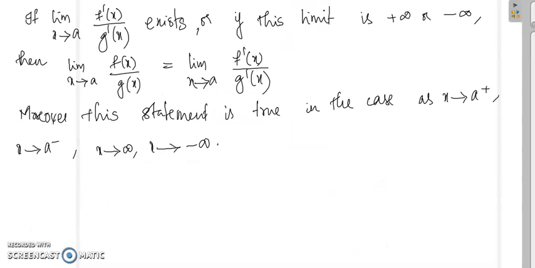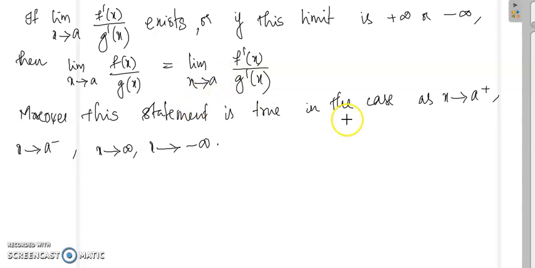Then the L'Hospital rule states that if limit x tends to a, f dash by g dash exists, or if it is plus infinity or minus infinity, then limit x tends to a, f of x by g of x will be equal to limit x tends to a, f dash by g dash.